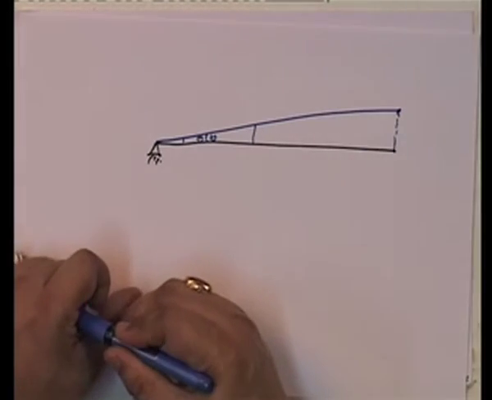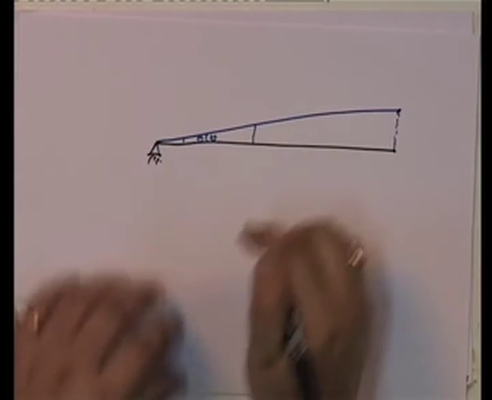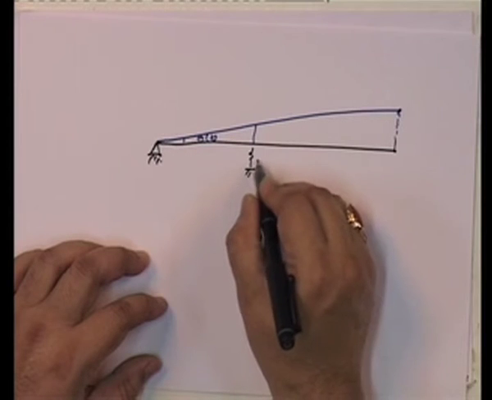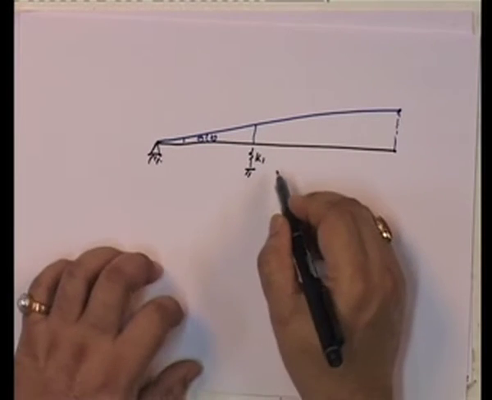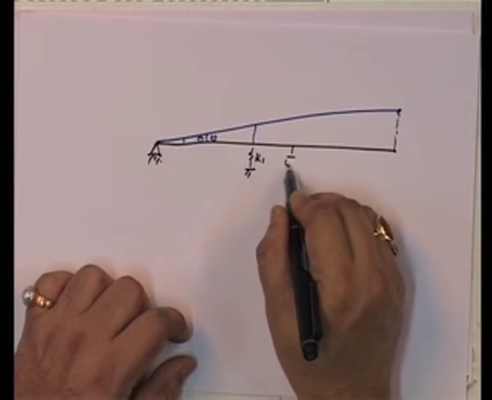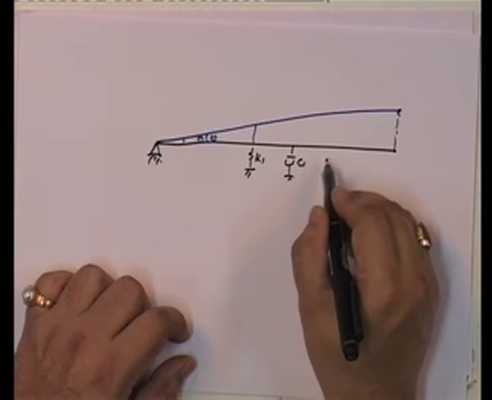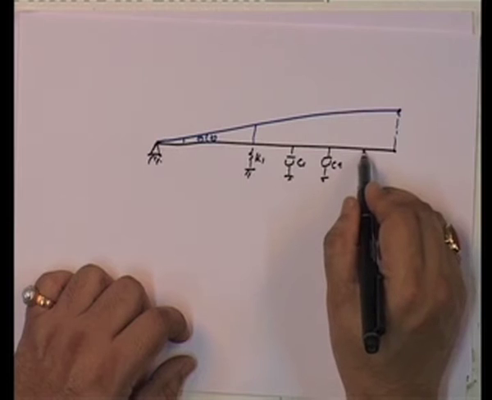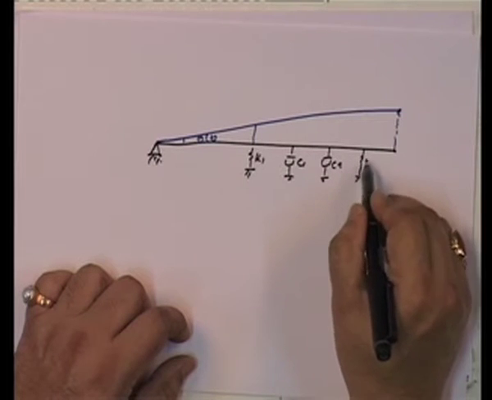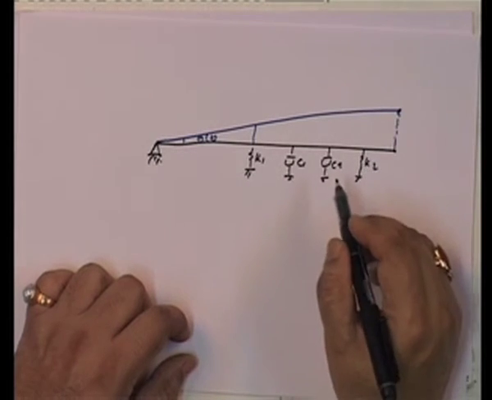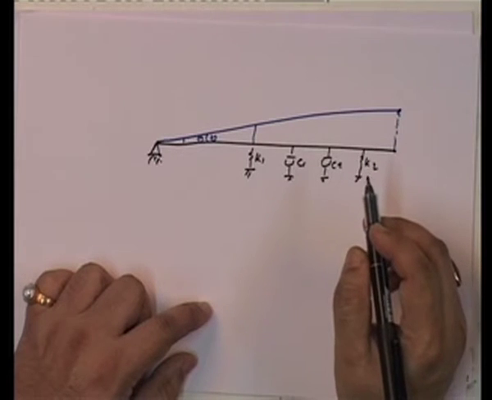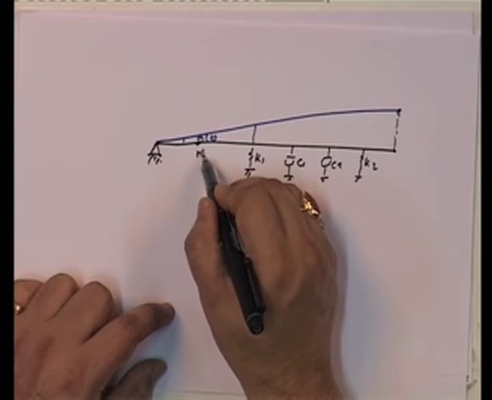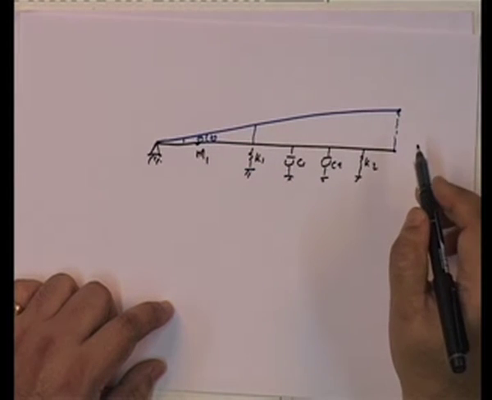And so, if I were to plot this, this is where K1 is, this is where C1 is, then this is where C2 is, this is where K2 is. Okay. And this is where the mass M1 is.